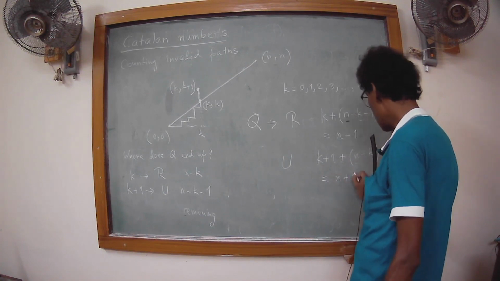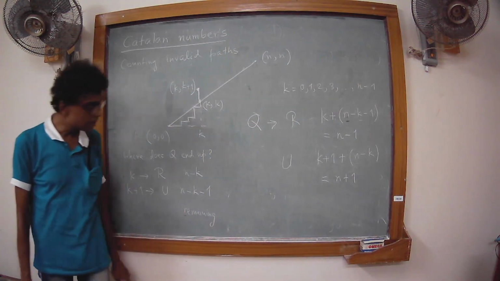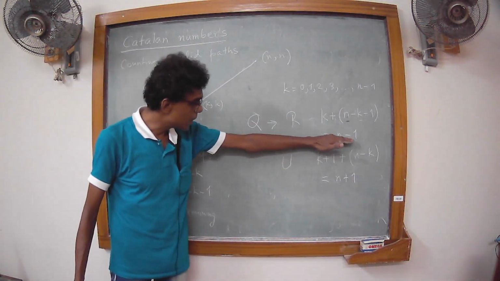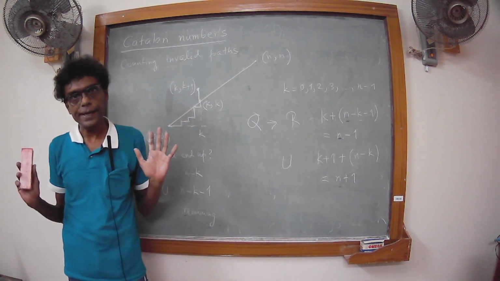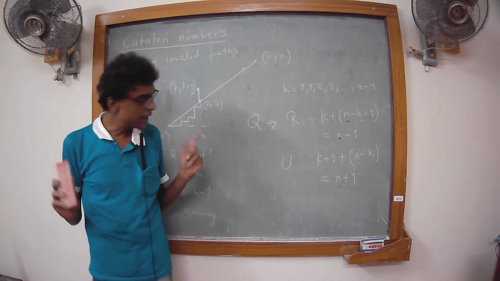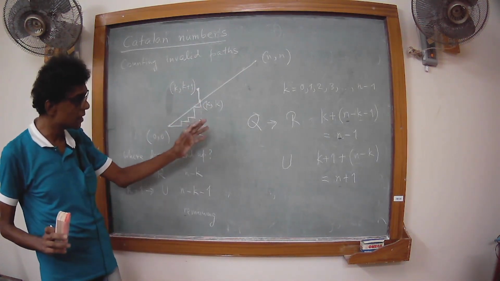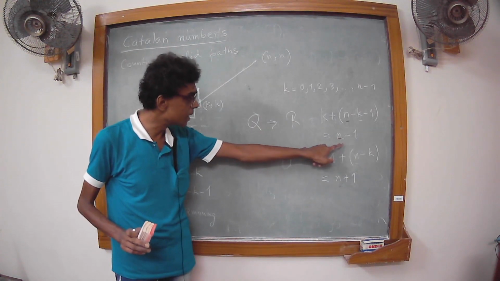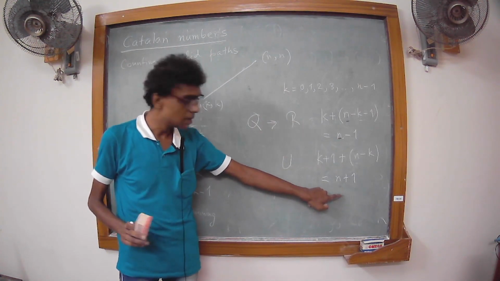N plus 1. Okay. What is very interesting about this is that this n minus 1 and this n plus 1, these two quantities are independent of k. So whenever I convert an invalid path by following that construction, it will always end up at n minus 1, n plus 1. This is the point.